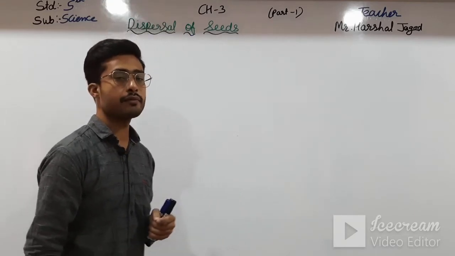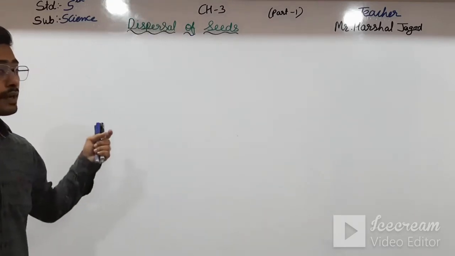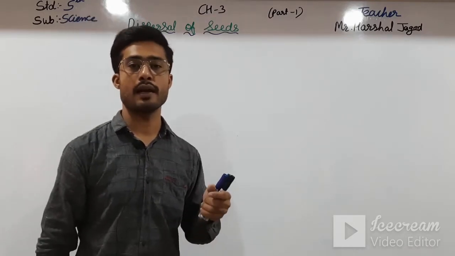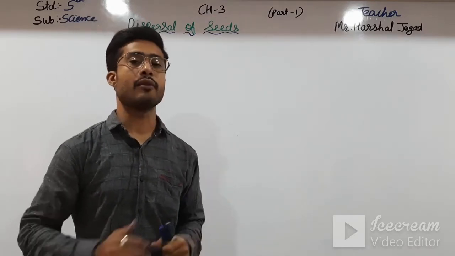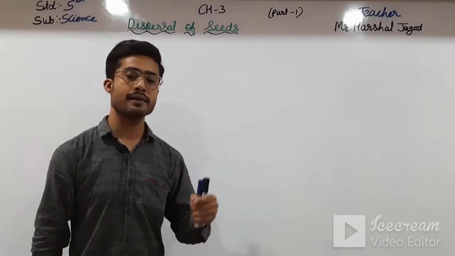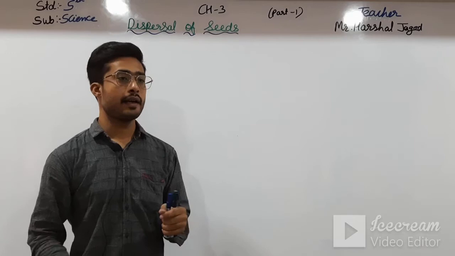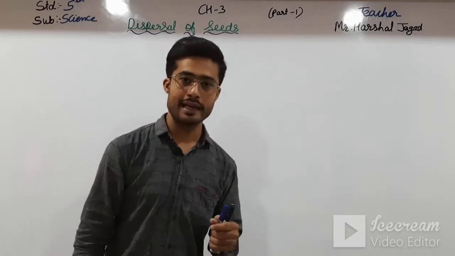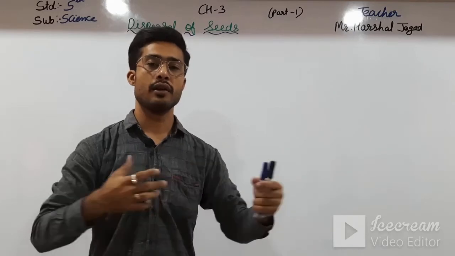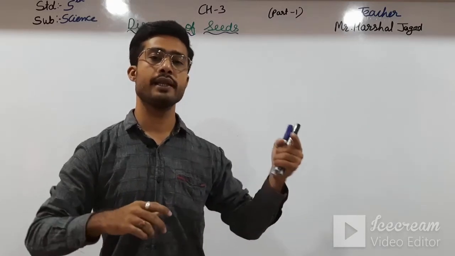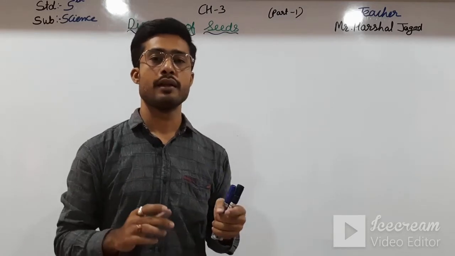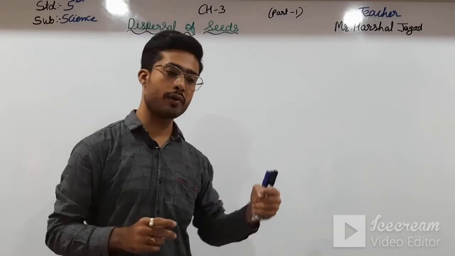In the previous video we just finished chapter number 2, adaptation in plants and animals. In that we have seen some adaptations of plants and animals. For example, a human being who lives in the cold region from birth can't live in the hot region.